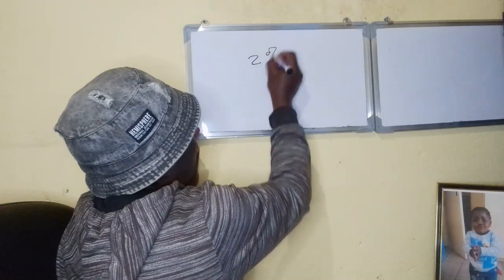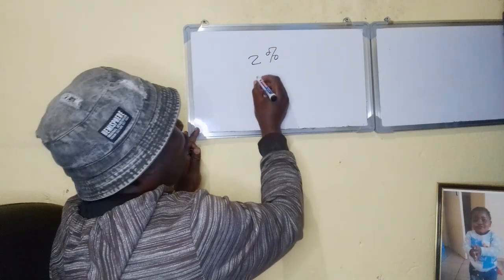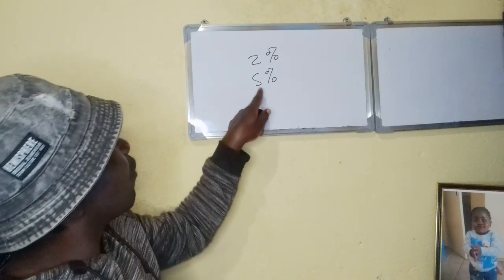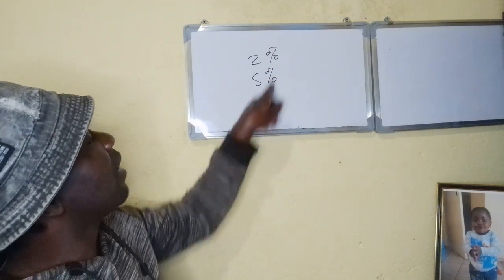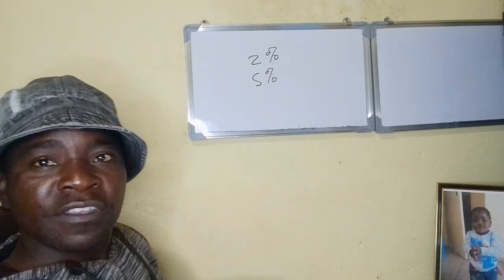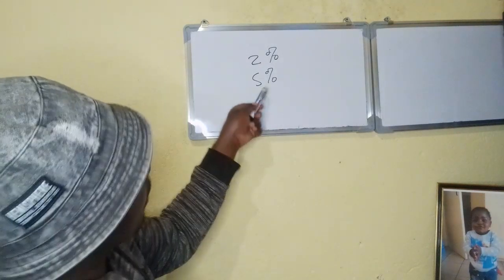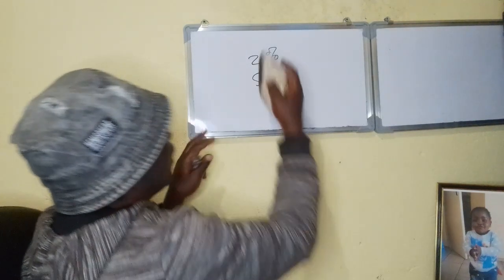If the economy is growing at 2% and population is growing at 5%, there is no economic growth, because the number of people sharing that growth is bigger than the growth. Can you see? If the population is growing faster than the economy, then there is no growth.